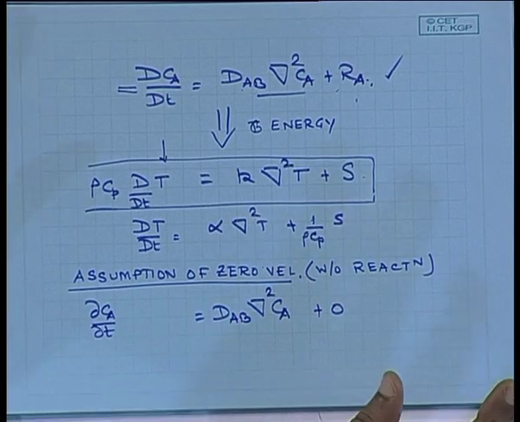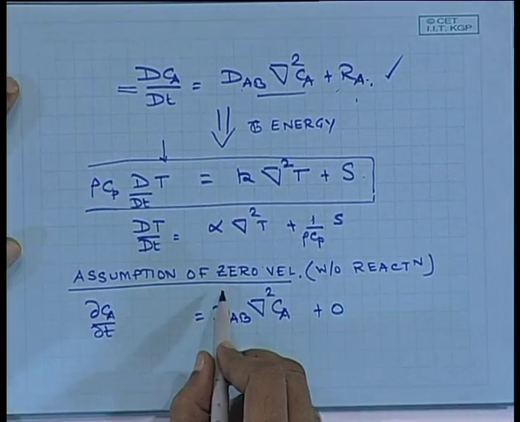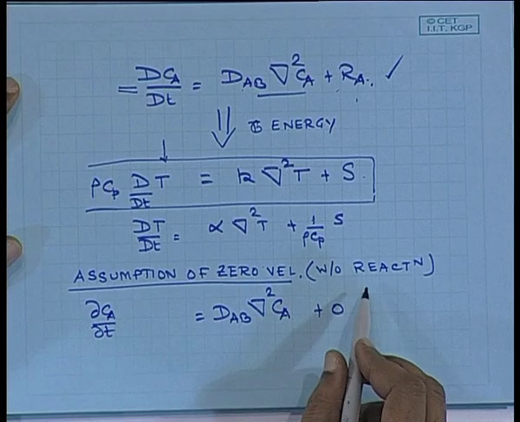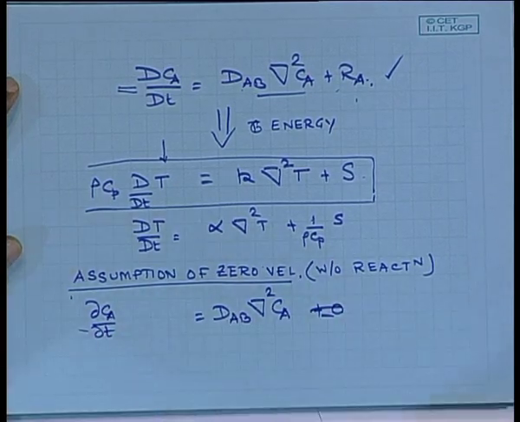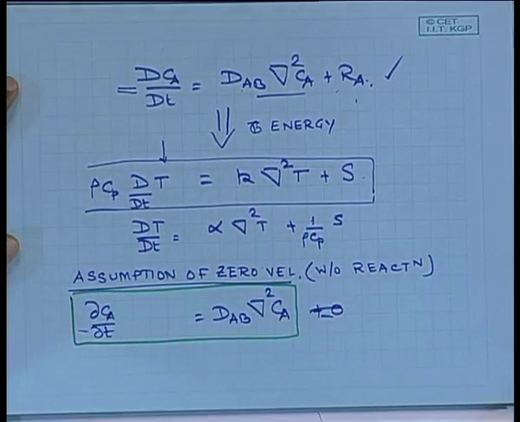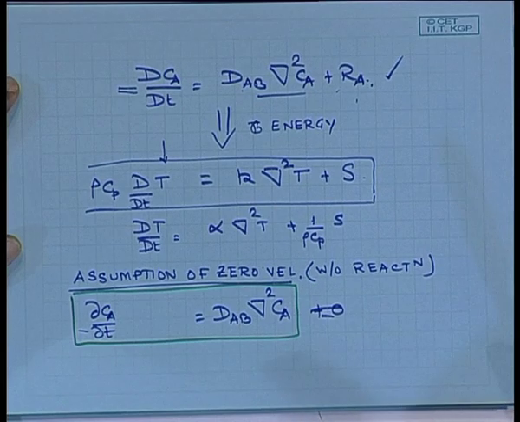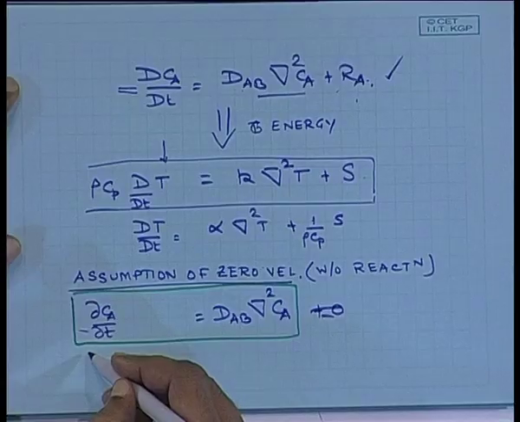The rest of the terms are going to be 0 since your velocity is 0. So, if you assume zero velocity and without any reaction, this is the form that you are going to have for diffusion. And if it is a steady state process, del CA/del T would be 0.